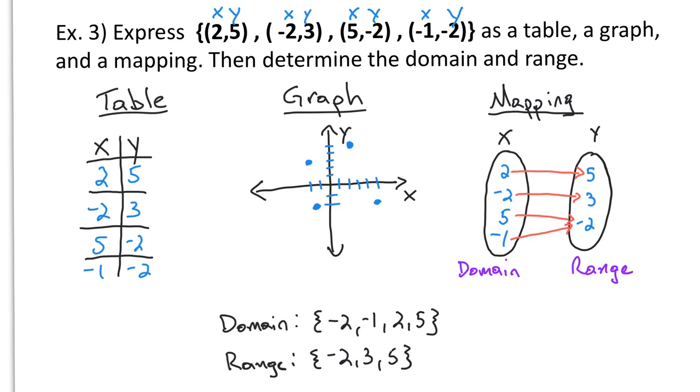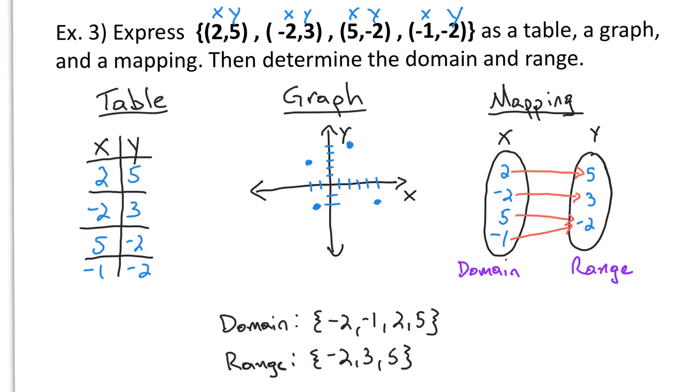So you guys are going to start with the smallest number. So when you look at the x values here, the smallest number is -2. So that's why I started with the -2. And then I keep going all the way to the biggest number, which is 5. So I put it in order from least to greatest, -2, -1, 2, and 5.